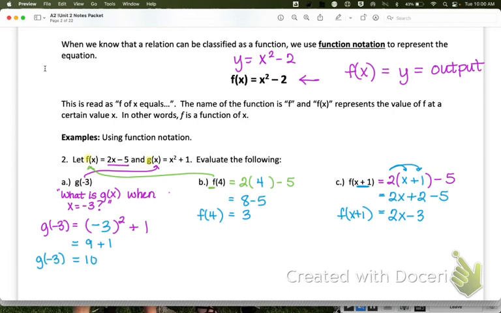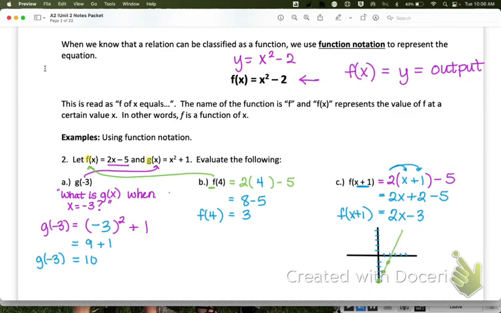Now here's what that just did. And you don't need to write this in your notes. I'm just kind of showing you what we're thinking about here. If I look at this graph, 1, 2, 3, 4, 5, 1, 2, 3, 4, 5. Okay. The original function, f of x, had a y-intercept at negative 5 and a slope of up 2 over 1.